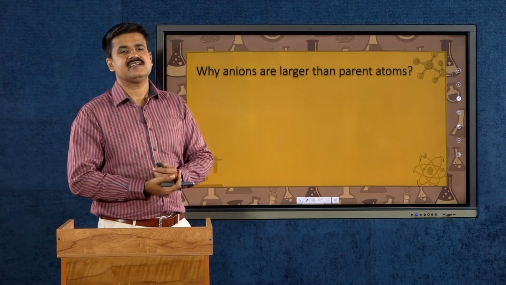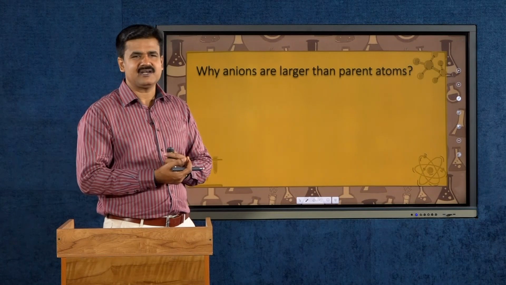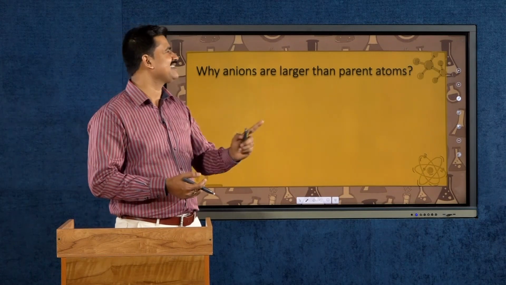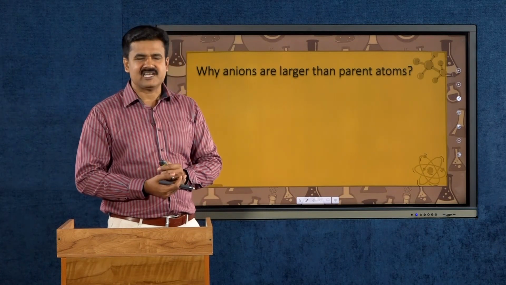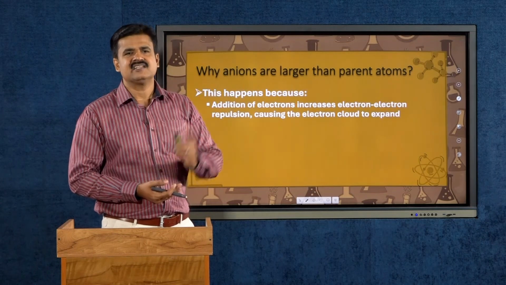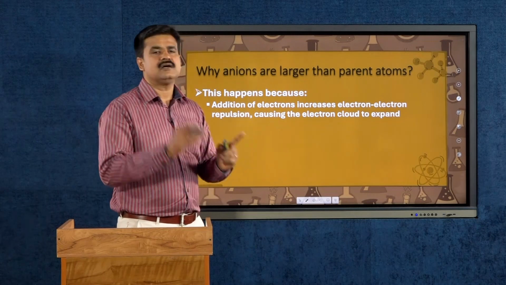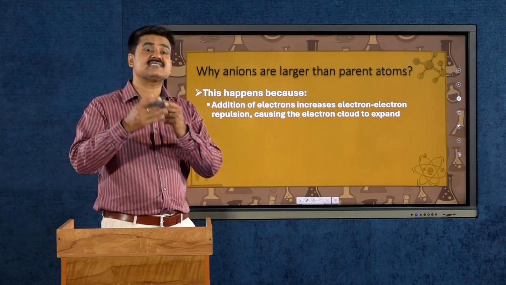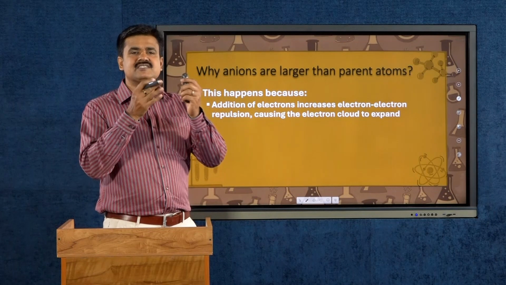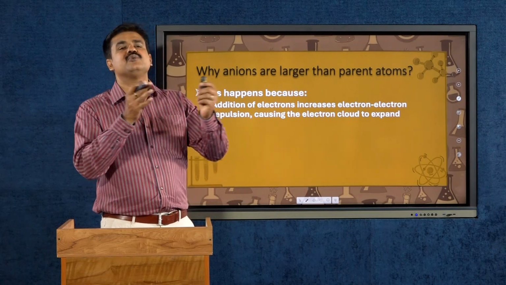Another question is just opposite to the previous one. Why are anions larger than the parent atoms? The answer is here. Addition of electron increases electron-electron repulsion because there is an increase in the number of electrons, which causes the electron cloud to expand.